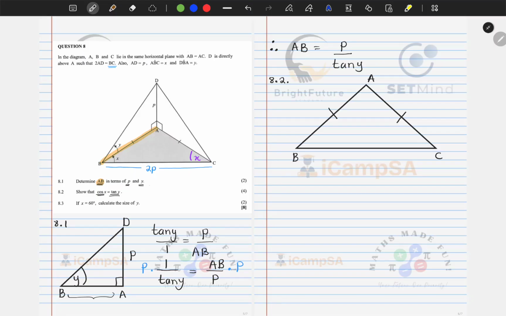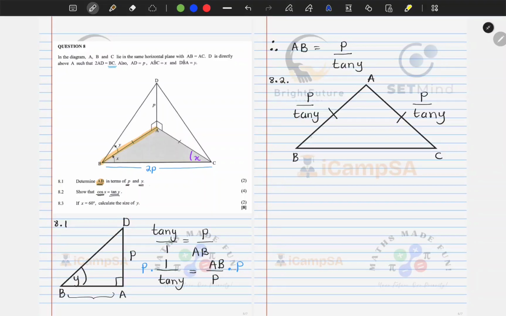And AB, we just found that it's going to be P divided by tan of Y. Sorry, let's quickly note that. So even the other side, we're just going to have P divided by tan of Y.